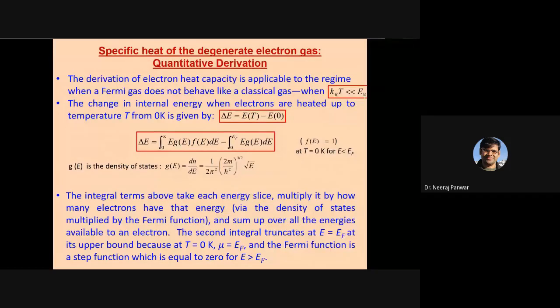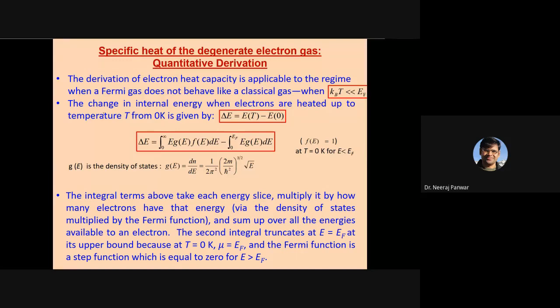Remember, the Fermi energy is of the order of 1 to 15 electron volt for metals, and kBT around room temperature is 25 milli electron volt. So we are working in a regime where kBT is much smaller than the Fermi energy.